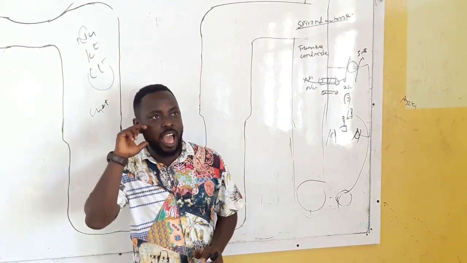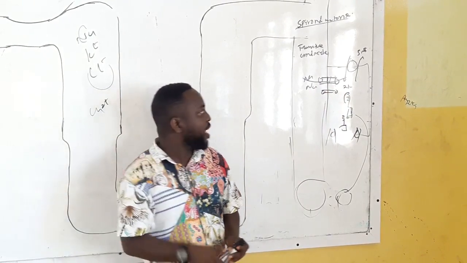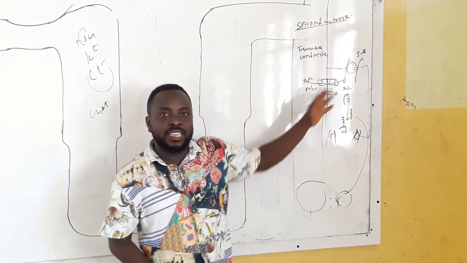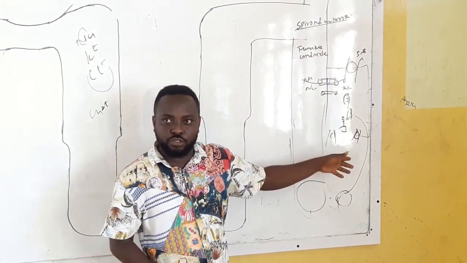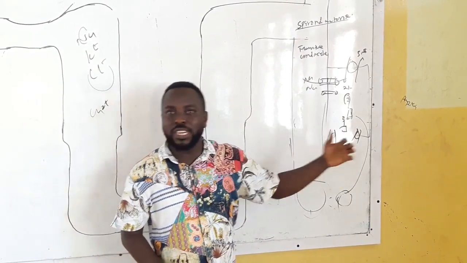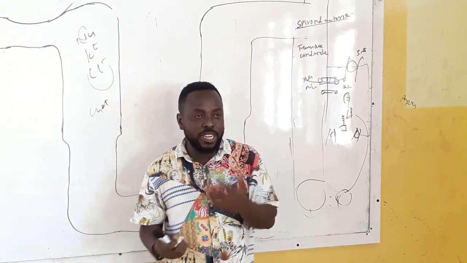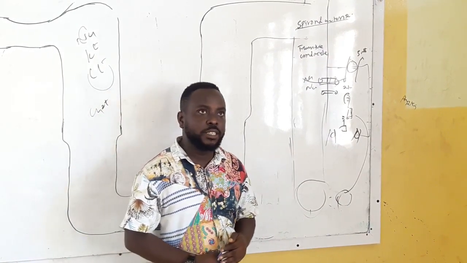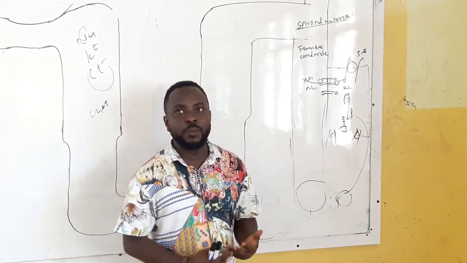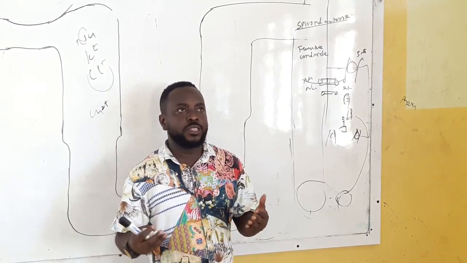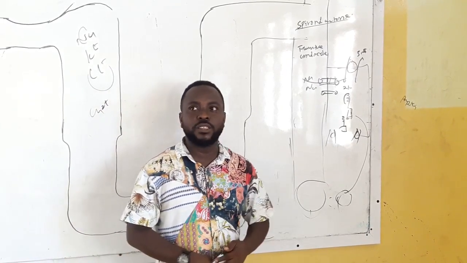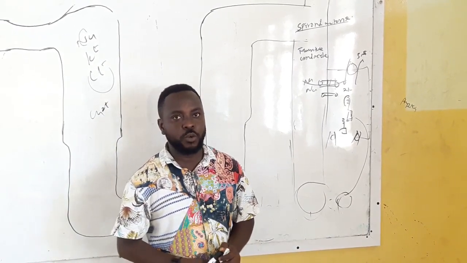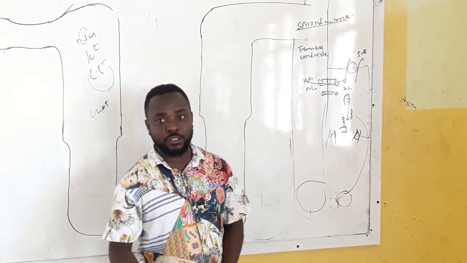Then the next thing about this agent is that the potassium sparing diuretics, the spironolactone, act in the presence of aldosterone. So in the presence of aldosterone, they act. And we can use this drug to manage edema, but the main use is that we sometimes add this drug to other diuretics to prevent loss of potassium.